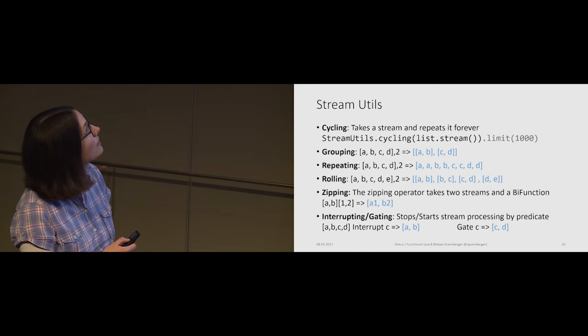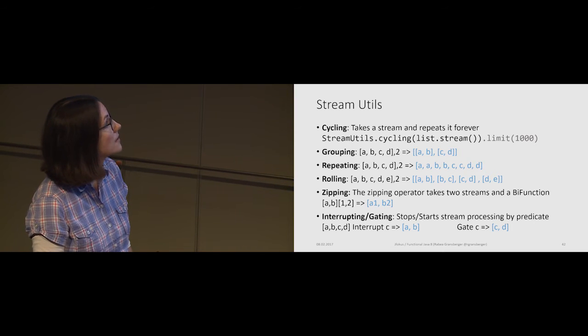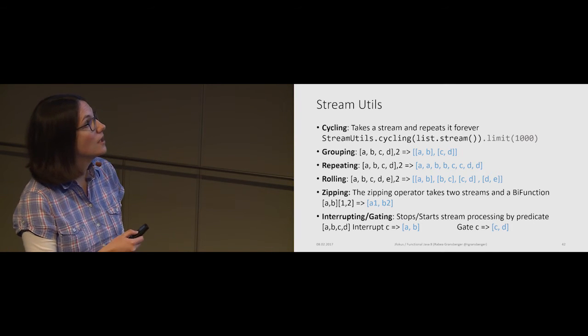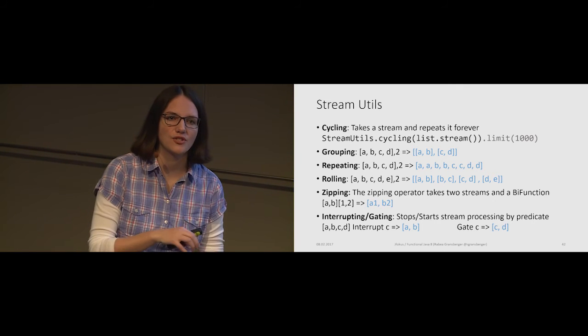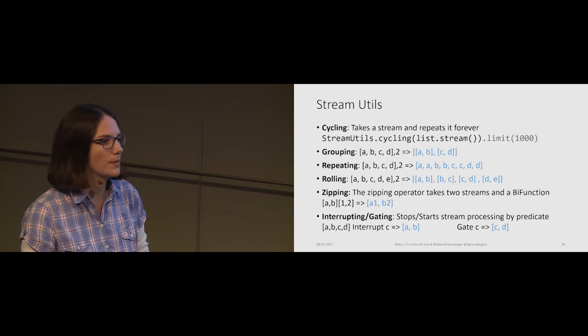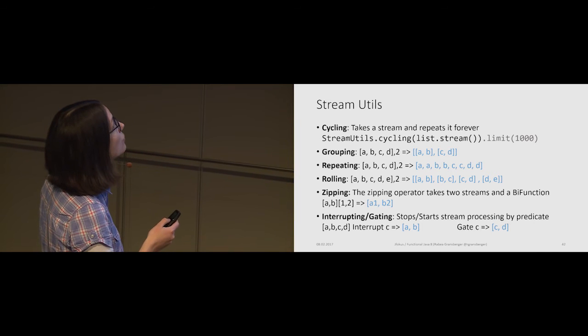So we also have a cycling function here. So if you want to repeat your stream for 1,000 times, you can do it with this simple StreamUtils.cycling, and you're still getting back a stream. So it has no extension to streams. It's just wrapping a call around your existing stream and transforming it. You're still getting out a JDK8 stream. We can also group elements.